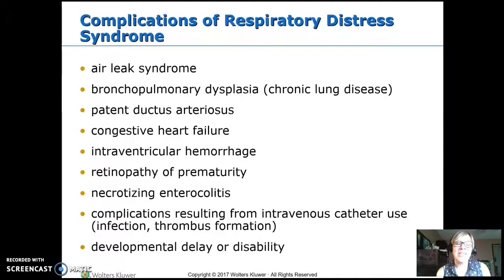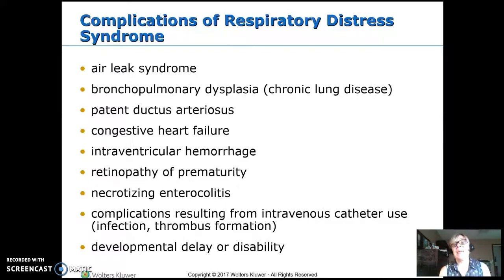So those changes make those fragile vessels around the ventricle of the brain rupture very easily, and you get bleeding in that area. And if you get that, that can lead to cerebral palsy, cognitive impairments, and hydrocephalus. You interfere with the normal pathway for the CSF to flow, and so it builds up.